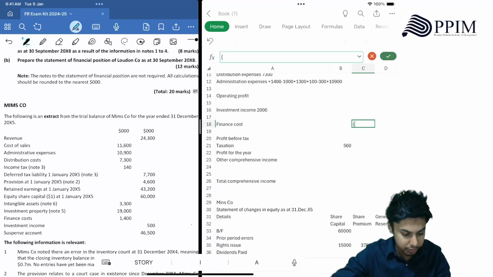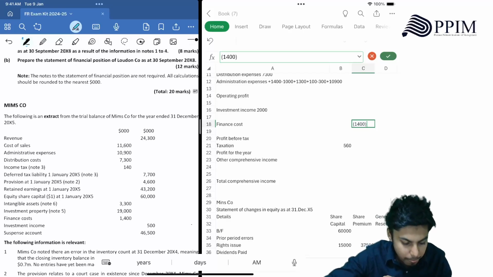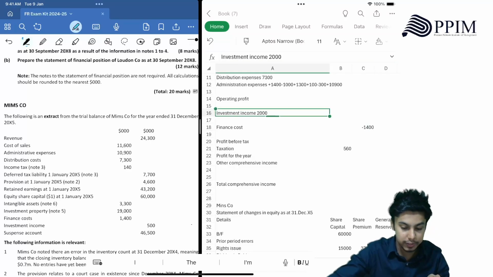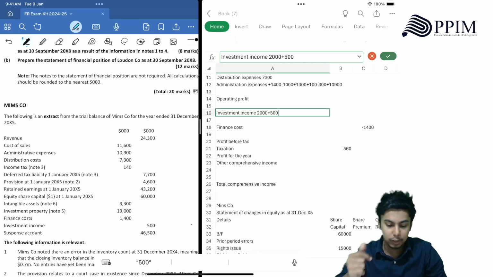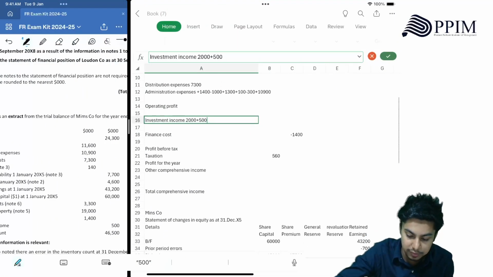Minus 1,400 to the income statement. Okay. Guys, investment income, copy this over here, plus 500. Okay. Guys, I'll give you 5 minutes. Can you quickly take out your calculator and total this up, faster. First, I'll show you my answer.